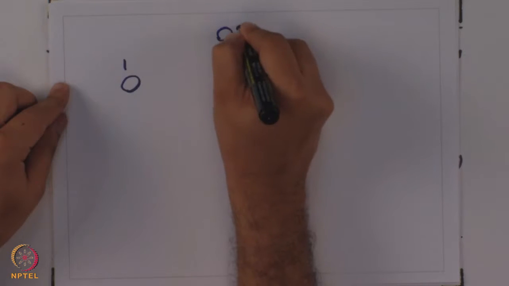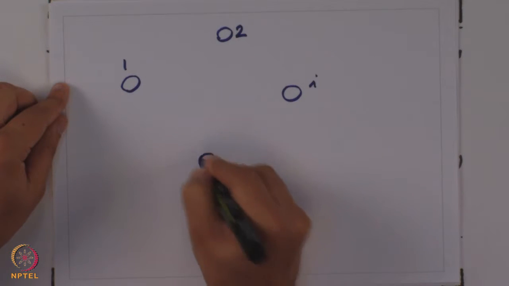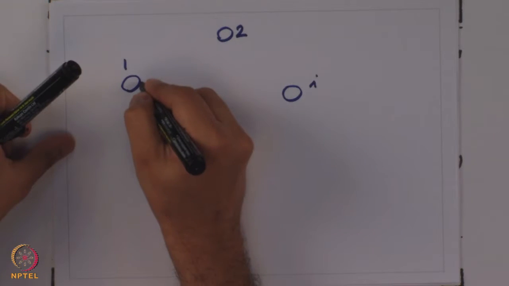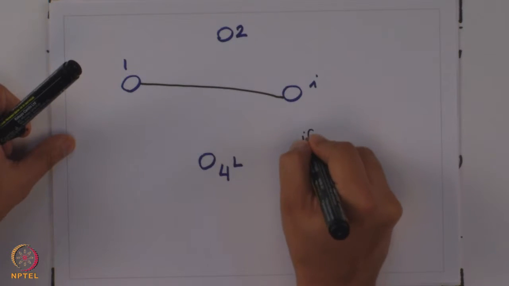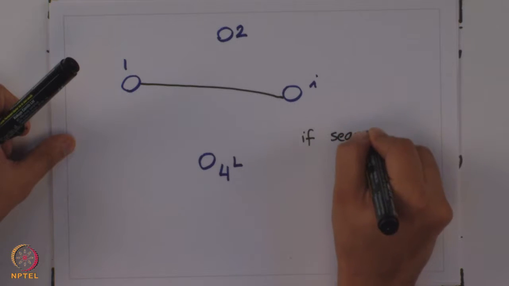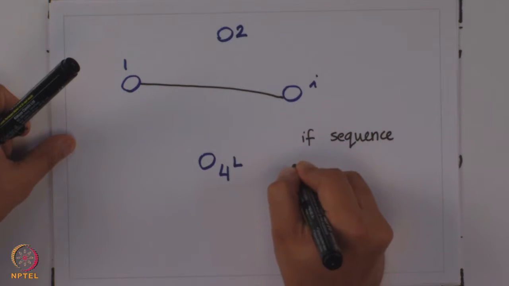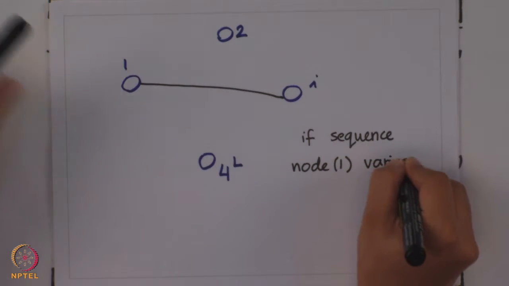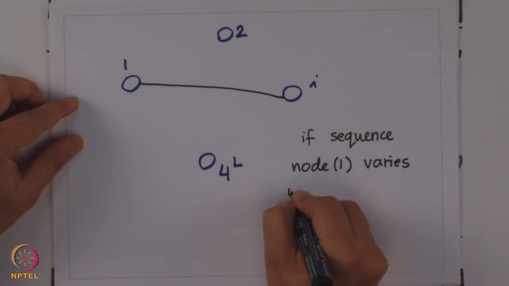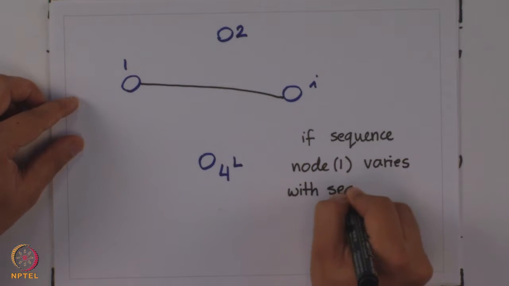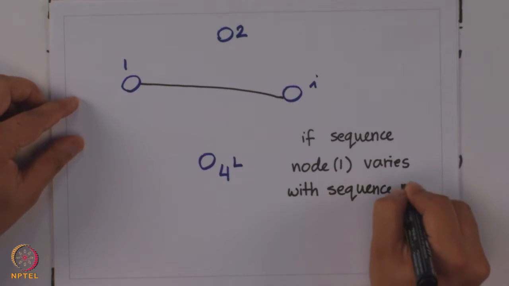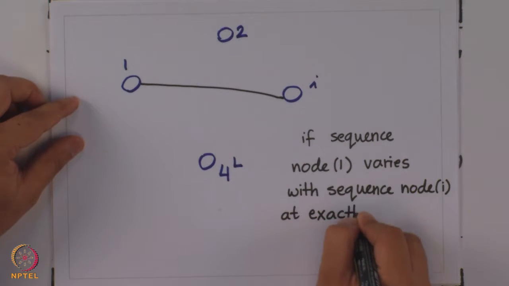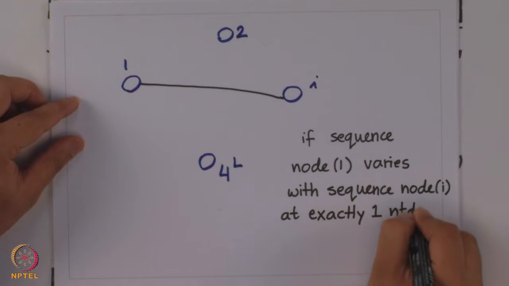This is node number 1, 2, node number I, and eventually going all the way up to node number 4 to the power L. And we are connecting node 1 and node I if the sequence associated with node 1 varies with the sequence associated with node I at exactly one nucleotide only.